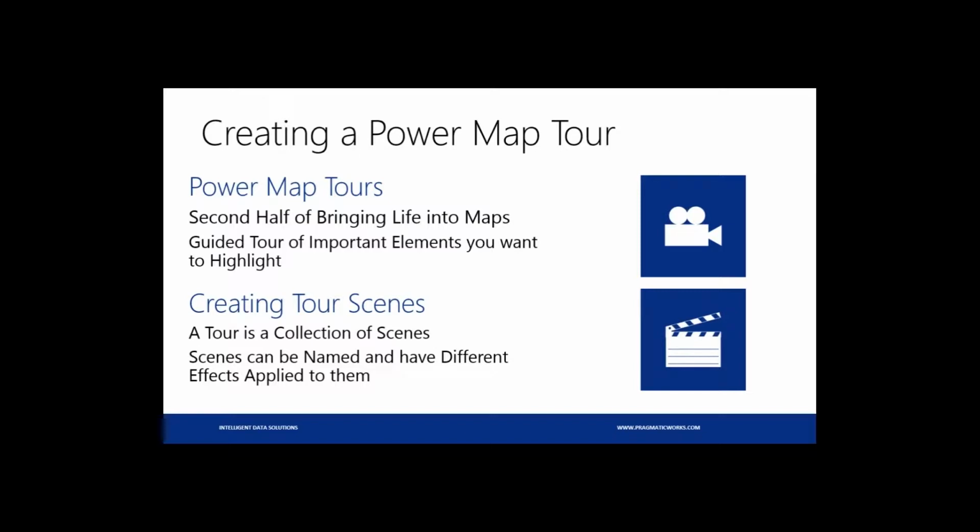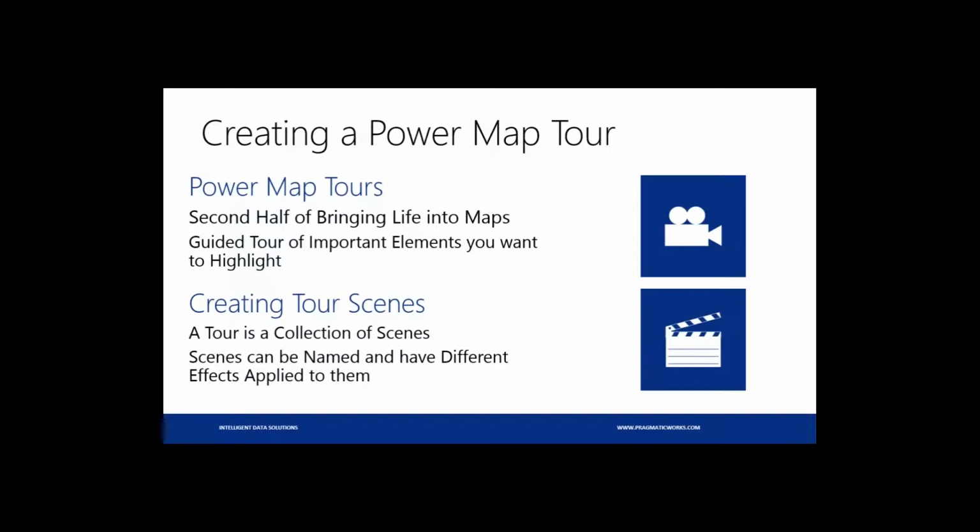Now when this tour is created, I have the ease of outputting this to really a couple ways. So your output when it comes to Power Map is a little limited, but they're actually pretty decent outputs. One output is I can take my Excel file I've developed and send it to others. Okay, so I can take my Excel file as long as they have all of the same things that I have, meaning they have Excel 2013 and the Power Map add-in, then they can also watch and edit my Power Map solution.